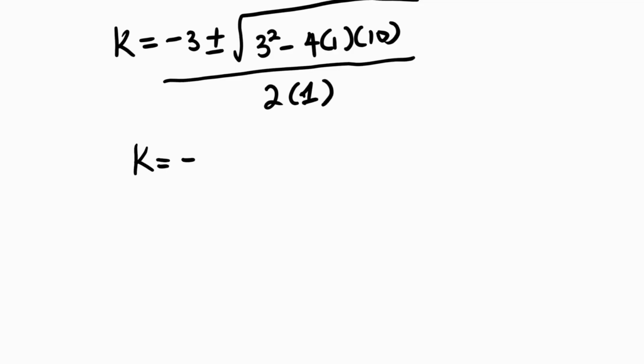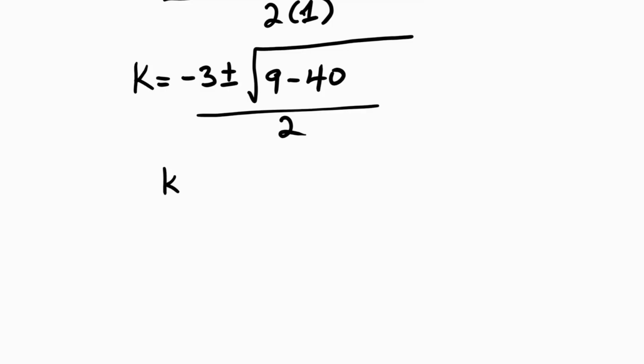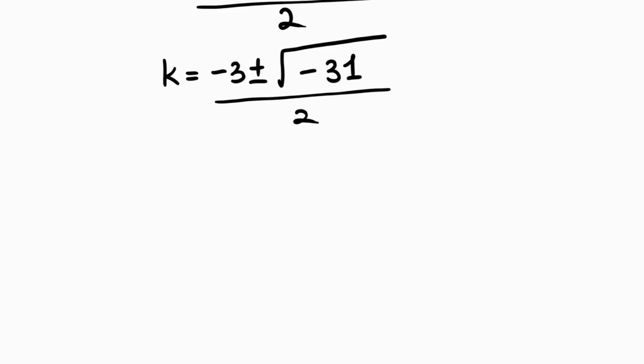So now k is equal to minus 3 plus or minus root of 9 minus 40, because 4 times 1 times 10 is 40, all divided by 2. K is minus 3 plus or minus, 9 minus 40 will give us minus 31, divided by 2.